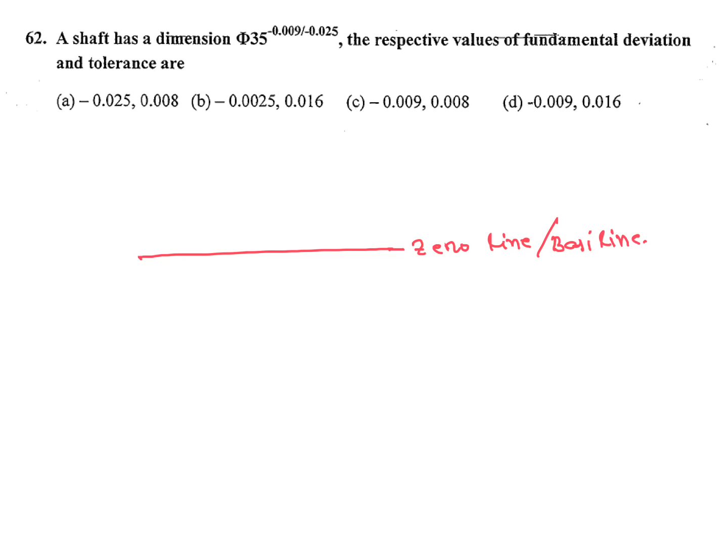If it is above and below the line, then it is bilateral tolerance. If it is one side only, it is unilateral tolerance. Both are below.